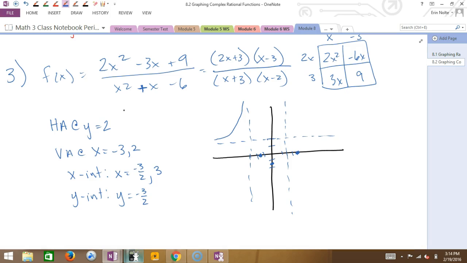Okay, what happened? Because this went like this. I didn't have any x-intercepts. Did we factor wrong? This is not showing my intercepts.